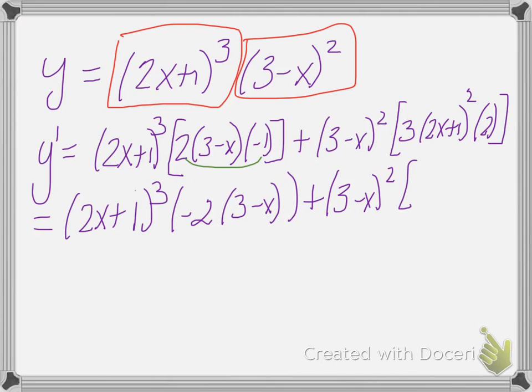And now for these parentheses, you want to multiply this 3 and this 2. Okay, after doing that, you can distribute this negative 2 right there.